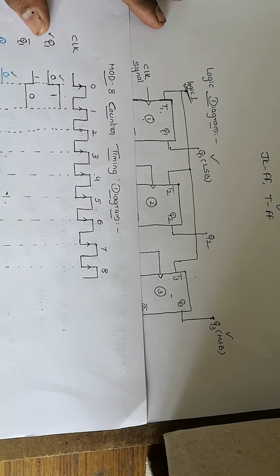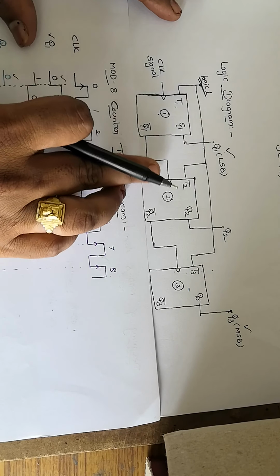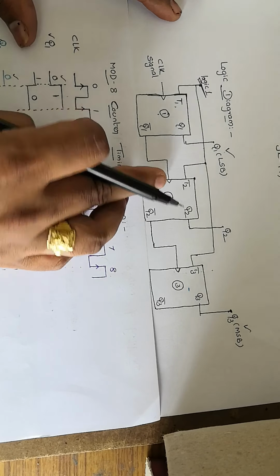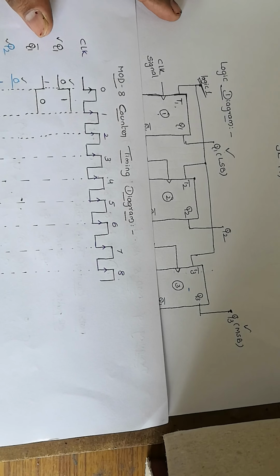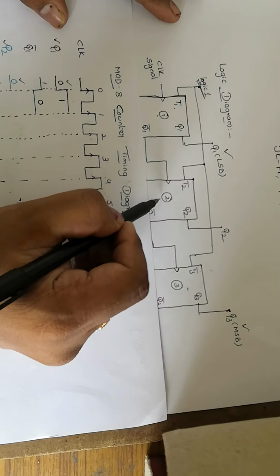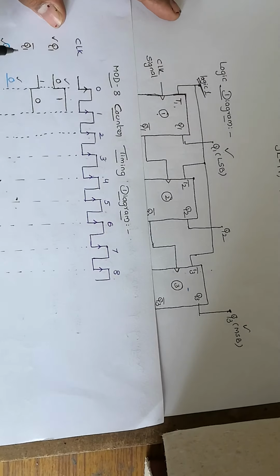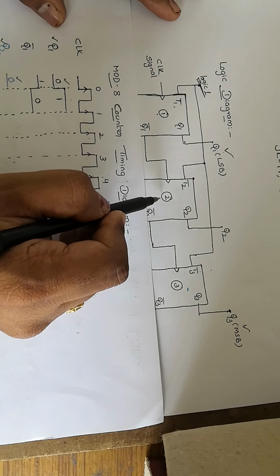To drive the second flip-flop, we connect the output Q1 bar as its clock input. Q2 is already 0, and Q1 bar makes a 1 to 0 transition. But to drive the second flip-flop, it requires a 0 to 1 transition. Since Q1 bar produces a 1 to 0 transition, this flip-flop does not respond.